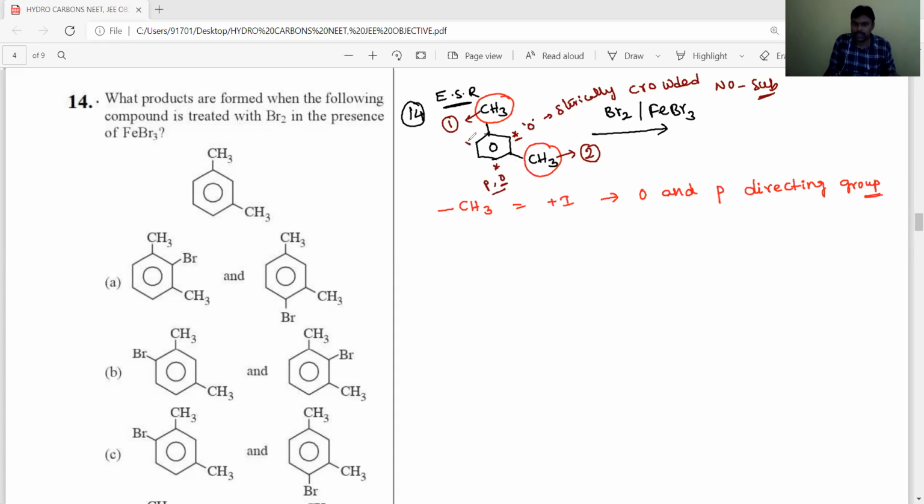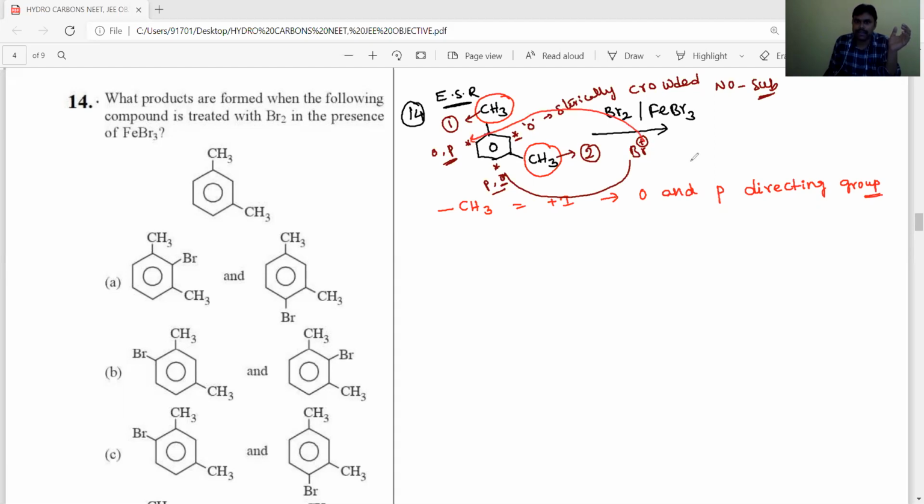And from this other position, with respect to the first CH3 group it is ortho, and with respect to the second CH3 group it is para. These positions are in a very free state. That's why the incoming Br plus electrophile will attack at this position, or maybe this position.